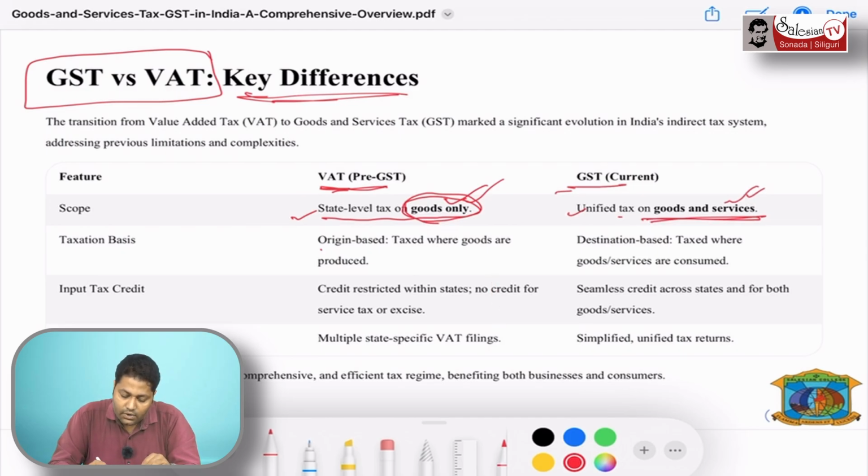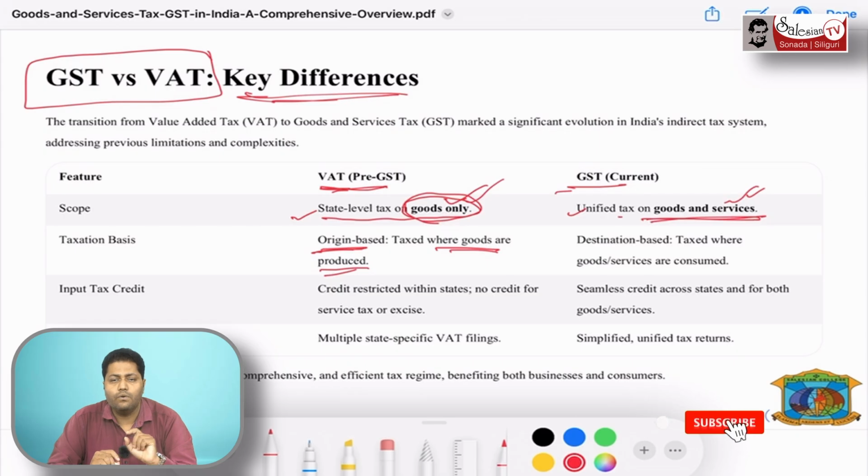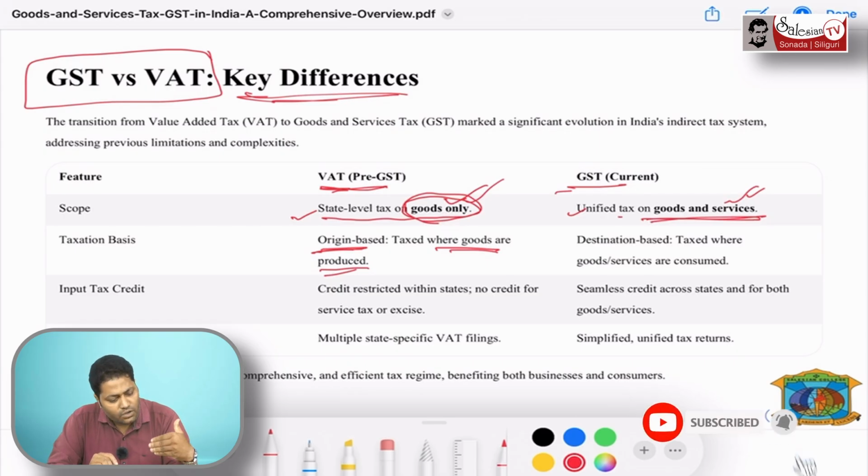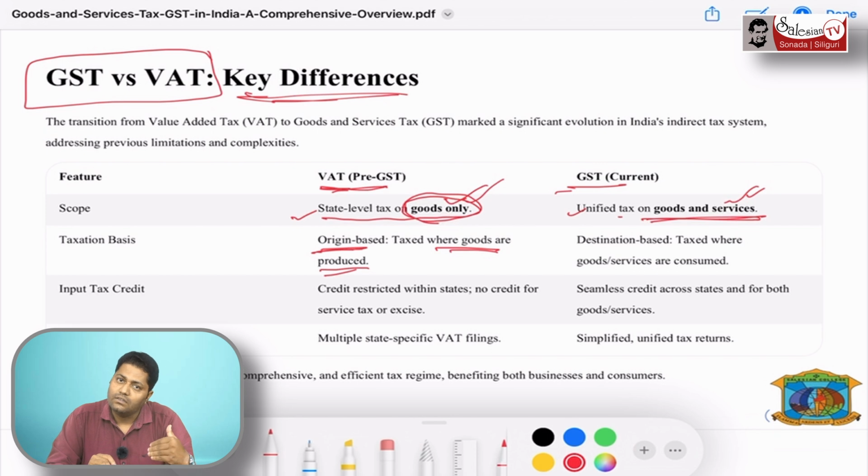Next we can see here, what is this? Origin tax. Where goods are produced, during the time of VAT, the state of origin, from where the goods are produced, tax is to be paid there only. But see what's the difference in GST? It's a destination based tax.